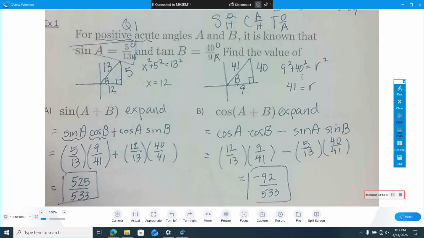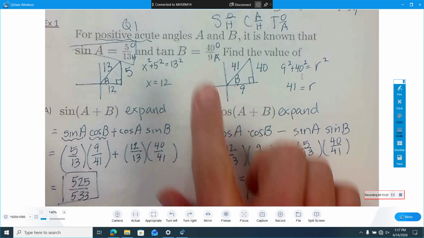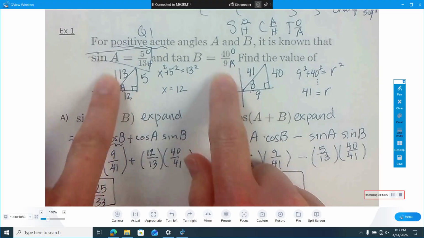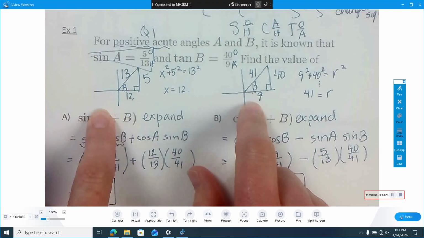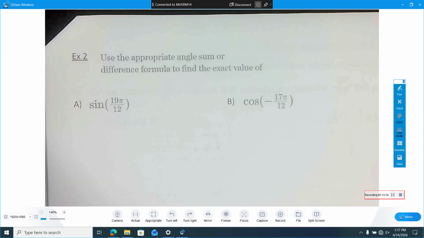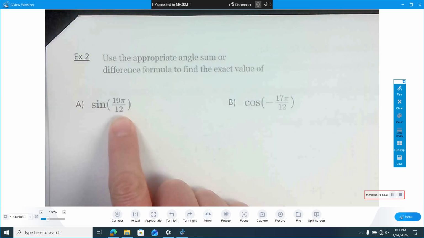Okay. All right. So this was given sine and cosine trig values, so we have to draw our own picture. But the other time this happens is when we need to find the sine or cosine when we're given angles that look like they should be something we know, but not quite on our unit circle.